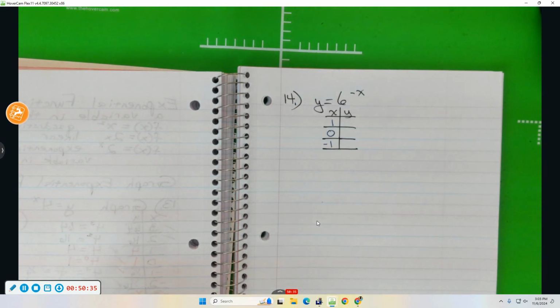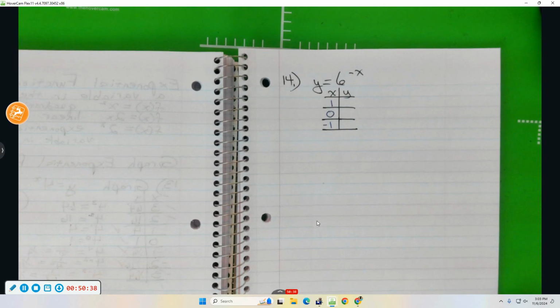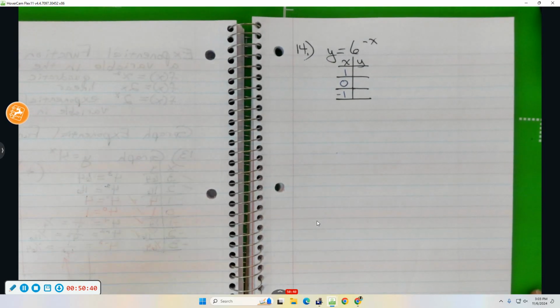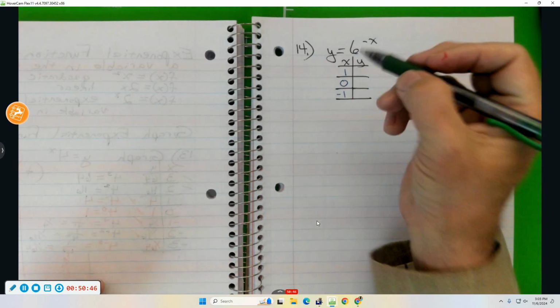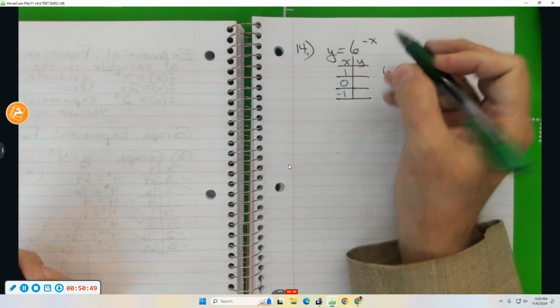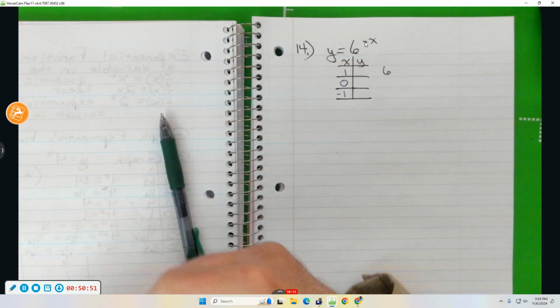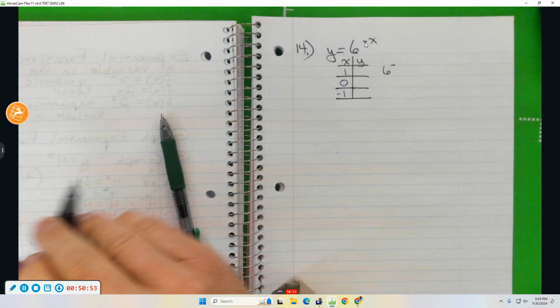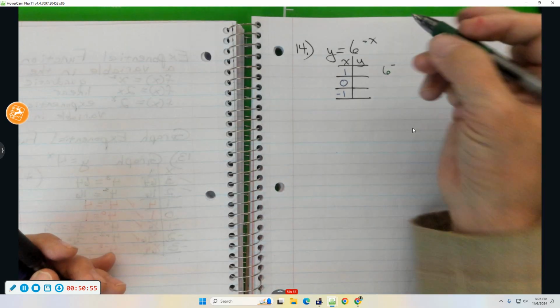I think 3 points is sufficient. If you use anything bigger, like 2 or 3, you're going to be getting such big numbers. Plugging in 1, we have 6. Don't forget about that negative sign there. 6 to the negative, we're plugging in the 1.